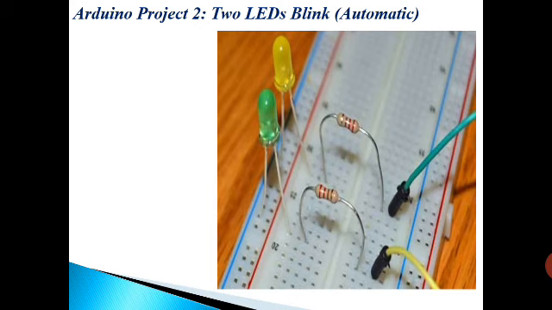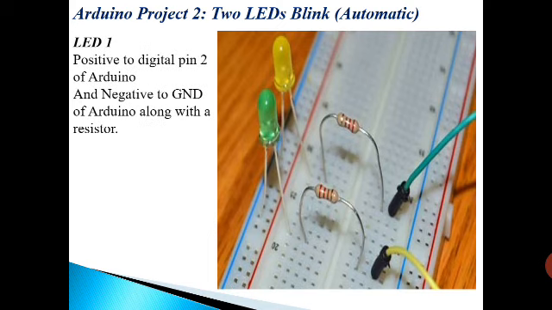Overall, the negative of both these LEDs must be connected to the ground of the Arduino board, and the positive of LED 1 must go to one of the digital pins of the Arduino board, and the positive of the second LED must go to some other pin of the Arduino board. So overall we have connected 2 different LEDs, 1 resistor with each LED, and the negative of both LEDs will be with the ground.